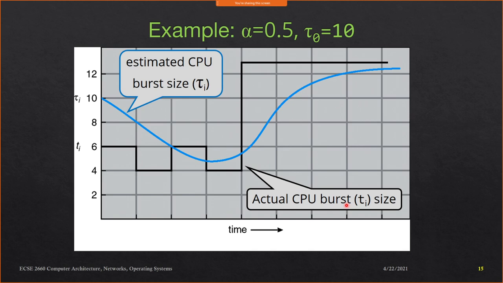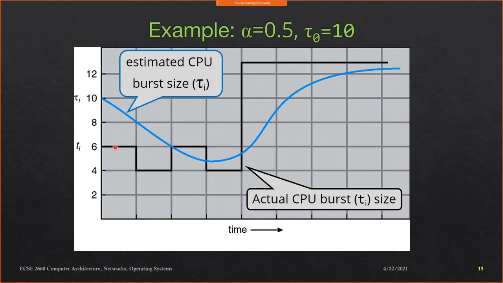But in the first time unit, the burst size for this particular process was just 6 time units. We predicted 10. So what are we going to do?